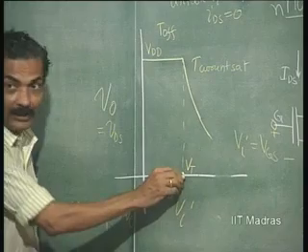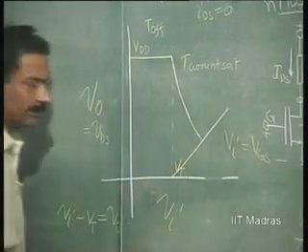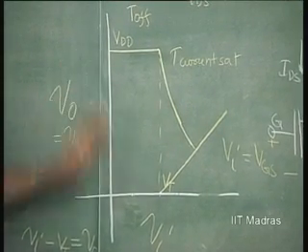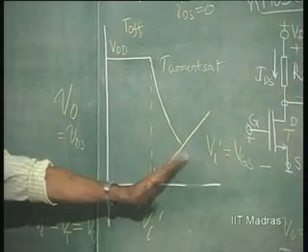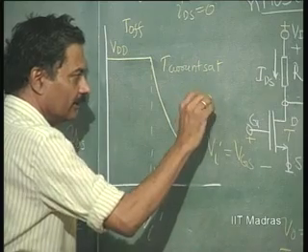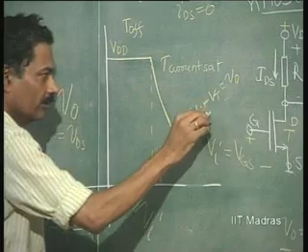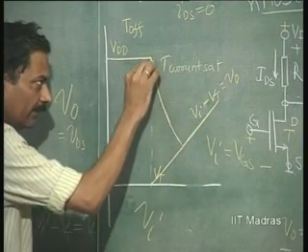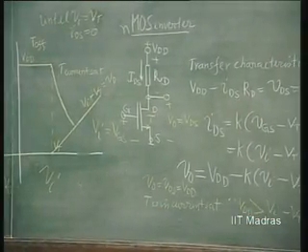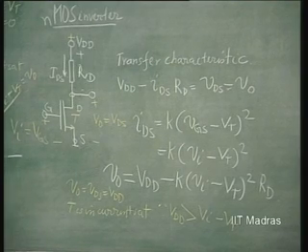This is the point already, and I draw a line like this with 45 degrees, because if this scale is the same as this scale, that will be a slope of 45 degrees, and that corresponds to Vi minus Vt equal to V0. This line will intersect the other line, V0 equal to VDD minus K into Vi minus Vt whole square, at a certain point.